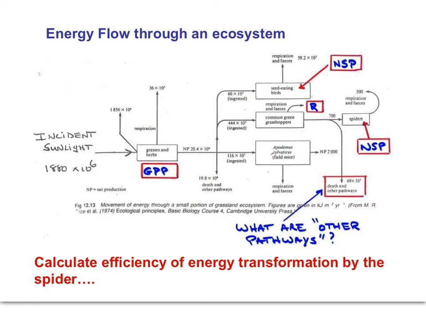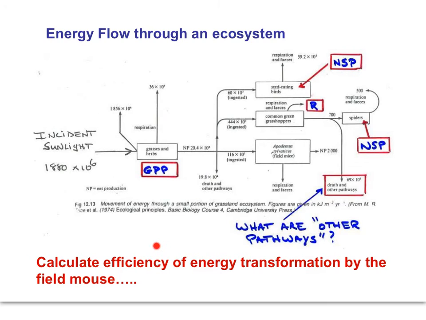Now, the output is 200 kilojoules per meter squared per year, while the input is 700 kilojoules per meter squared per year. We divide, multiply by 100, and we get a value of 29%. In other words, of all the energy taken up by the spider, it stores 29% of it at the value of 200 kilojoules per meter squared per year.